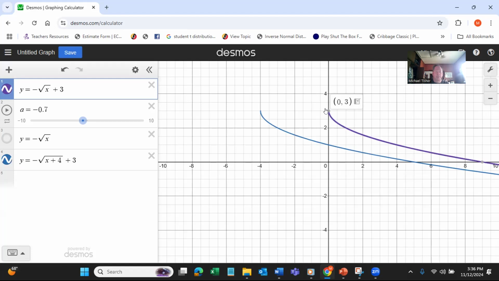And then we shifted it to the left, and now it's at (negative 4, 3). Okay, so we can see that the graph on the left is 4 units shifted left from the graph on the right. Okay, so that's how to do a problem involving transformations using the transformation rules that exist.